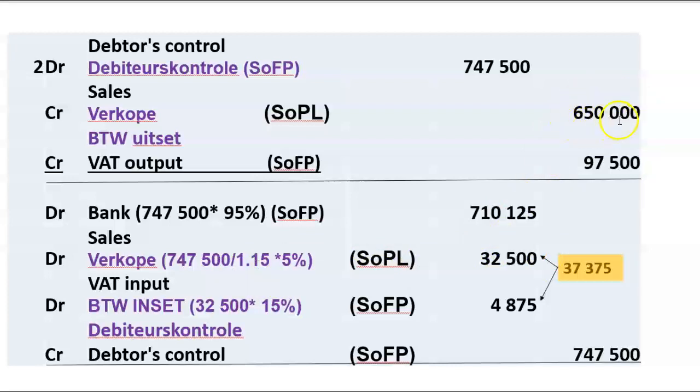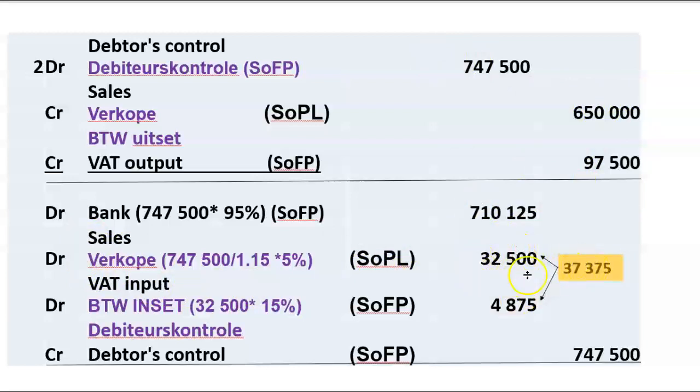Now, if I take the 650,000 and I minus 32,500, it gives me 617,500. If I take 650,000 multiplied by 95%, it will give me 617,500. So now my sales in my books will only be a reflection of 95% of the VAT exclusive invoice value.